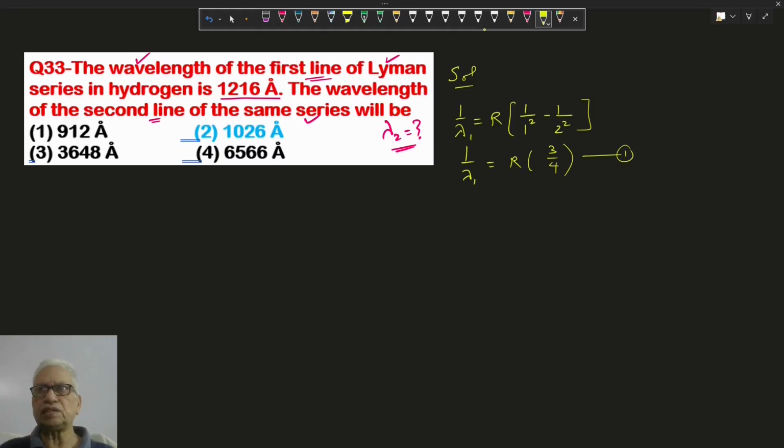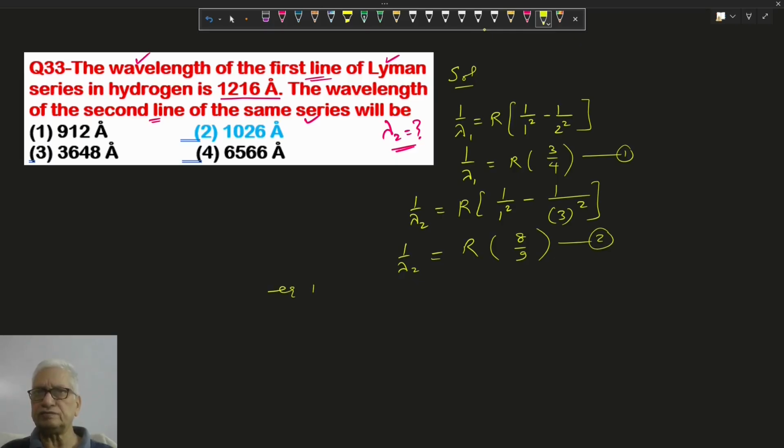For the second line, say the wavelength is lambda 2, R, the lower level will be 1, as this is the Lyman series, and then the upper level is now 3. For the second line, that is R times (1 minus 1 by 9), that is 8 by 9, say equation 2. Now if we divide equation 1 by 2, we get 1 by lambda 1 upon 1 by lambda 2, means lambda 2 divided by lambda 1.